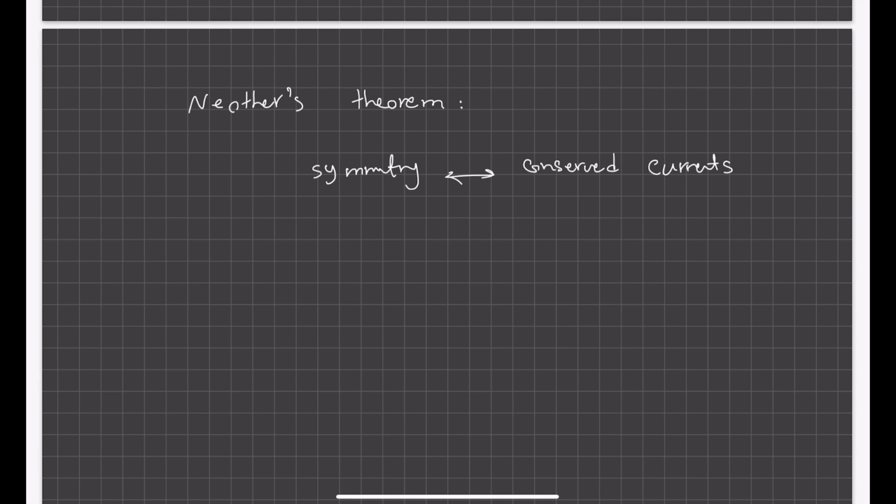So the theorem says: if I take phi to phi plus delta phi, and let's say this variation is infinitesimal. I have to assume that this is infinitesimal, so the variation is going to be alpha delta phi. The reason it is infinitesimal is that I have to look at it in the vicinity of a point.